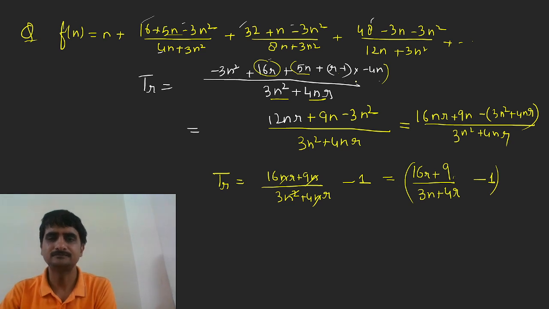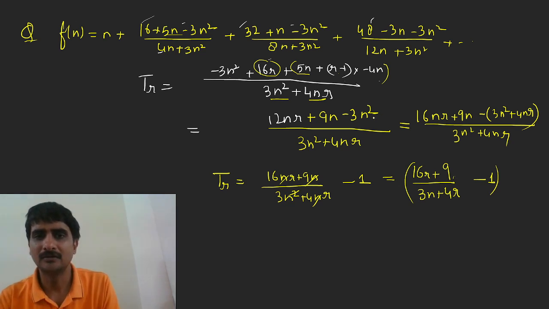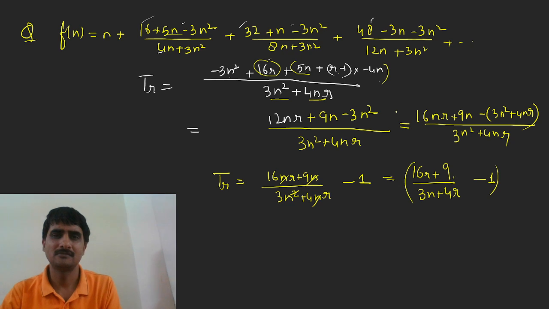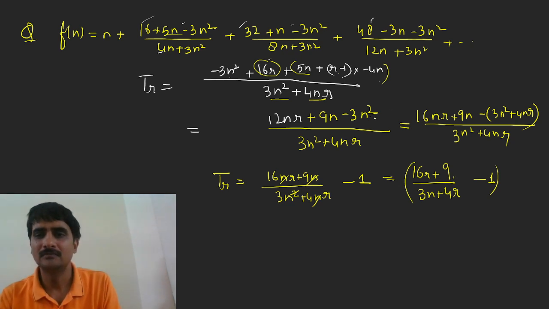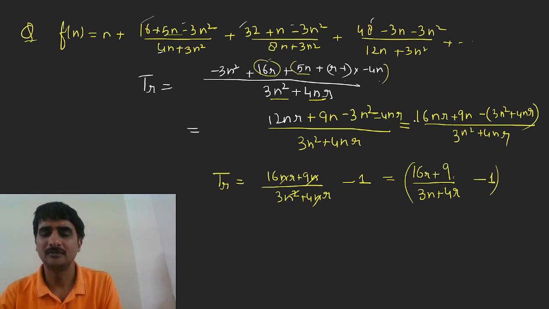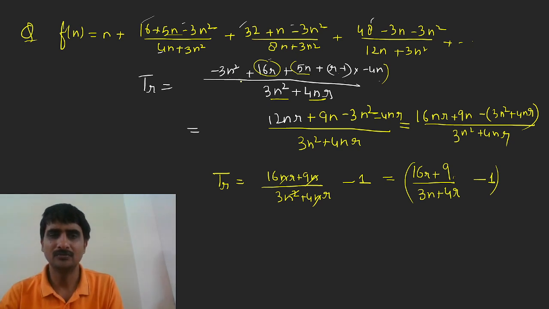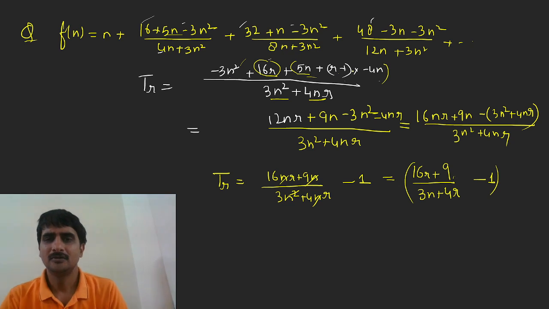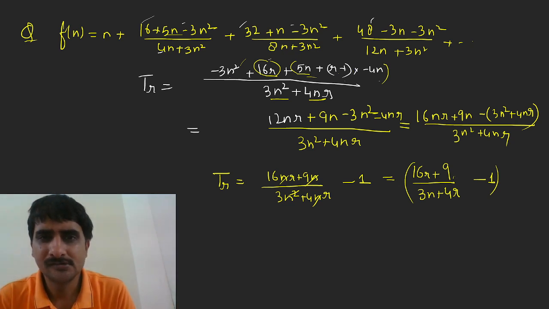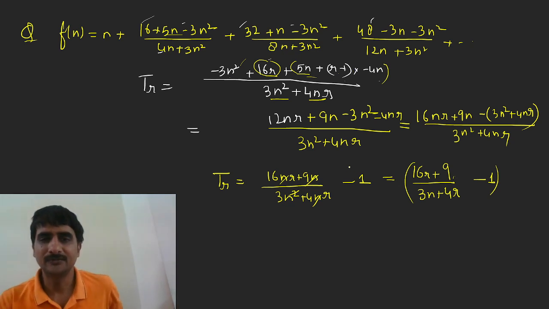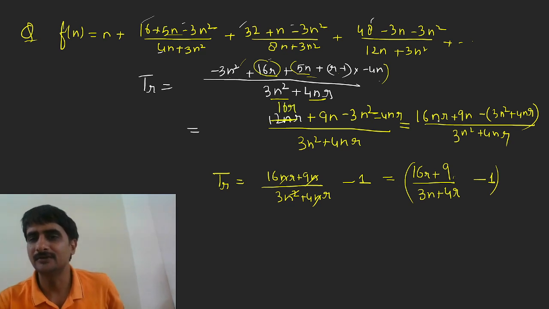Plus 4n. Minus 4nr. Okay. So this went with that. So 16r plus 9n. Okay, yeah, that's a mistake. It's 16r plus 9n, and that's it. Okay, sorry.